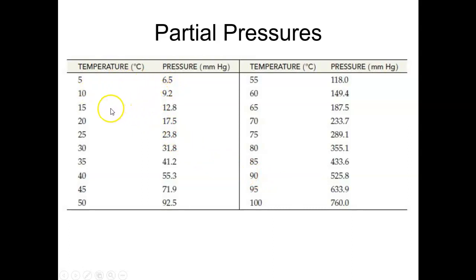What's nice about your textbook's one is that between 15 and 30 degrees Celsius, it goes every degree instead of every 5 degrees. You can get really granular about what the partial pressure of water is at 21 degrees versus 20, et cetera. Okay. So this is Appendix B.